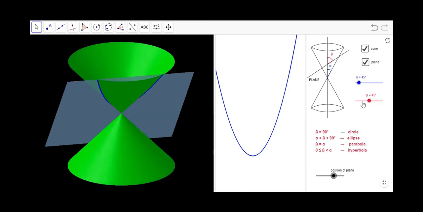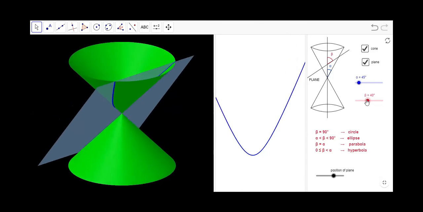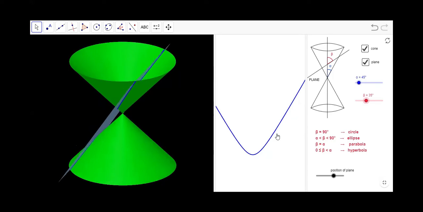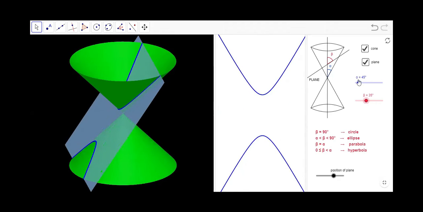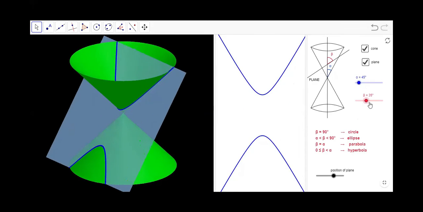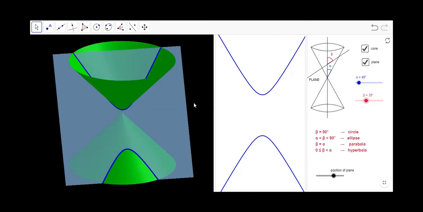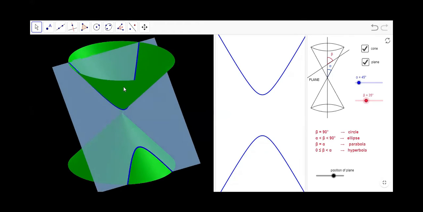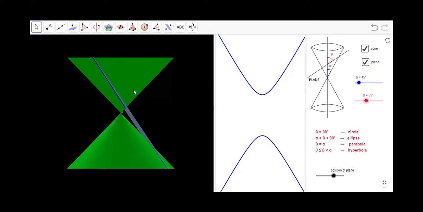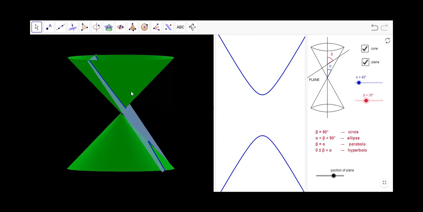Kailan ka makakagawa ng hyperbola? Hyperbola naman happens kapag yung angle ng cone mo ay mas malaki kaysa sa angle na ginagawa ng plane mo. Pero, hindi siya mag-straight to 0. Katulad nito. So, itsura niyan, ganyan siya. Okay? Ayan. So, ito yung ating plane.